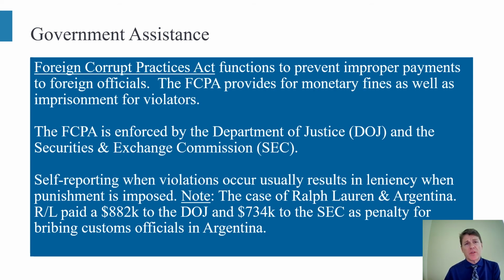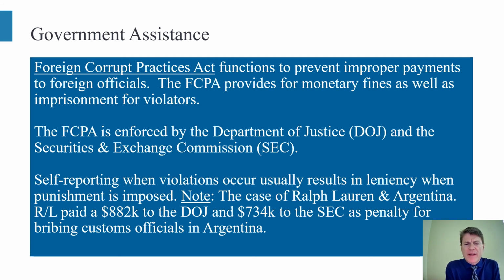There are countries of the world where bribery, whether they call it that or label it something different, is functionally okay, and it's not necessarily against the law there. We as U.S. citizens, and by extension U.S. companies, even if we're doing business in a region of the world that permits bribery, are not allowed to engage in bribery. If we do, we can be punished here in the United States.